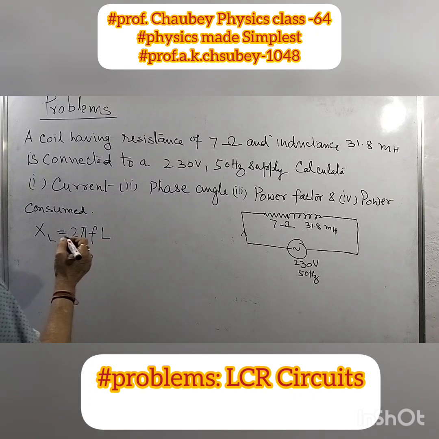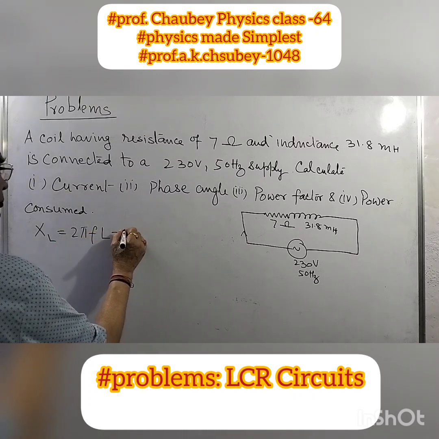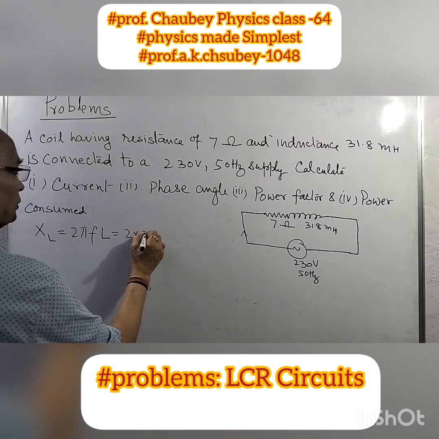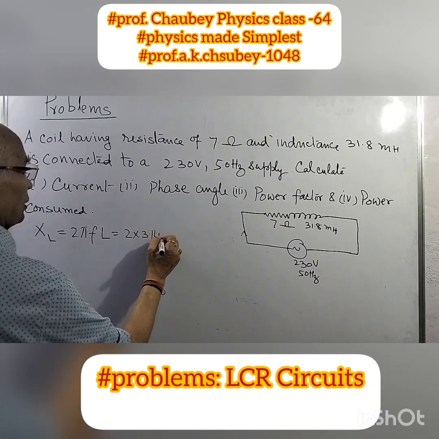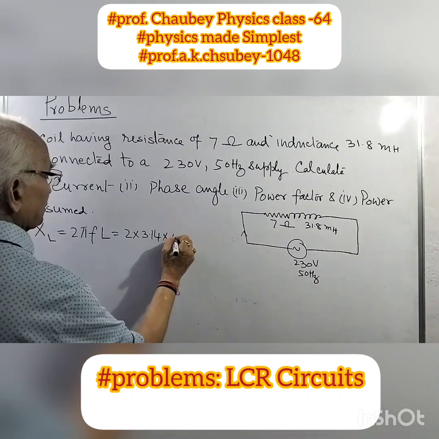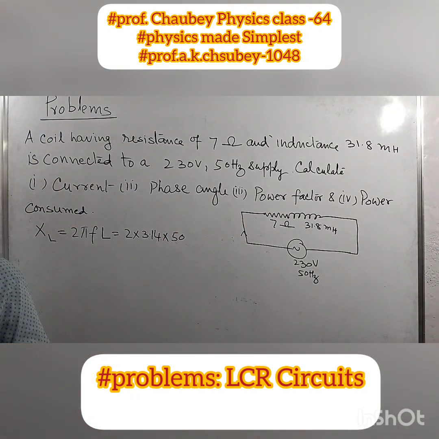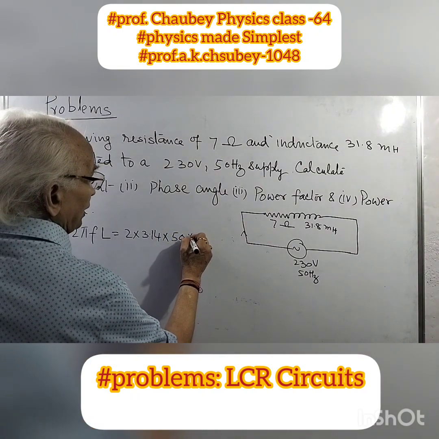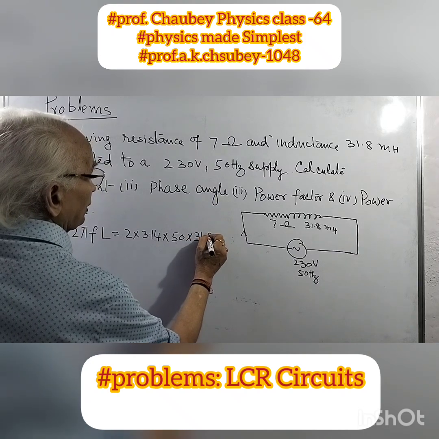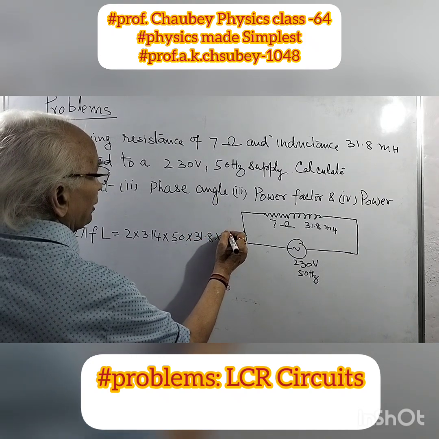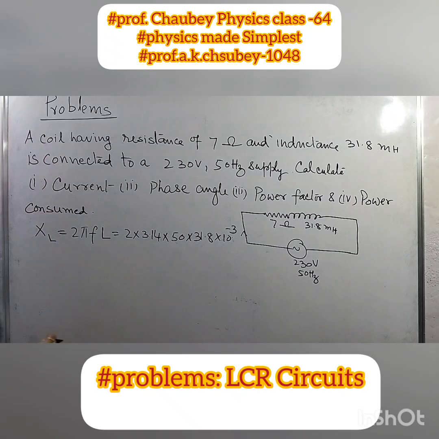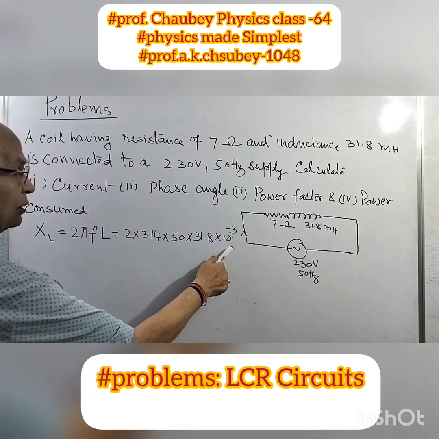So you calculate this. This is 2 into 3.14, F is 50 hertz and L is 31.8 millihenry. So we will make it Henry: 31.8 into 10 to the power minus 3 Henry. We must use everything in the proper units, otherwise your answer will be wrong. So this is millihenry, so convert it into Henry.